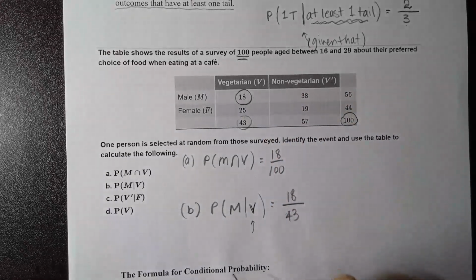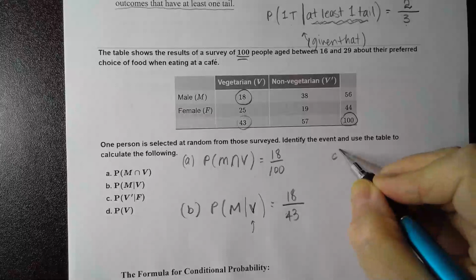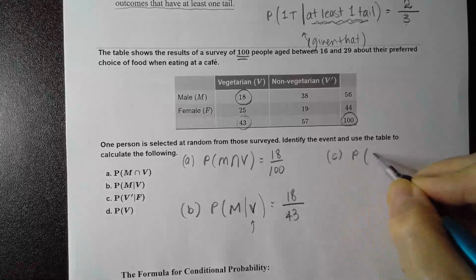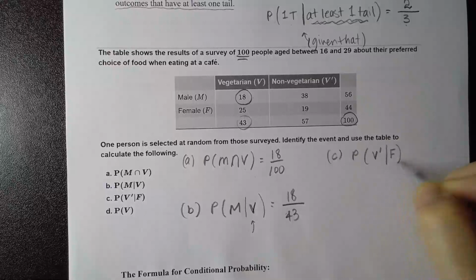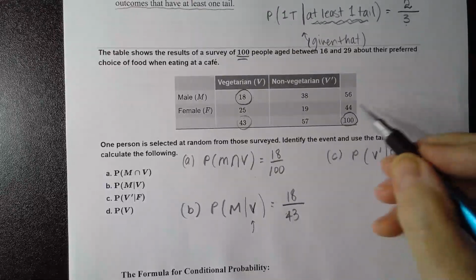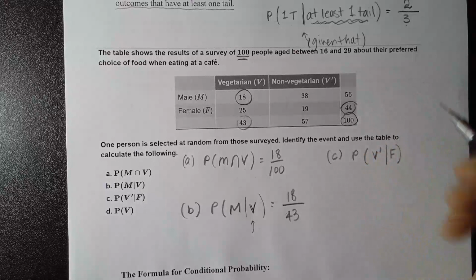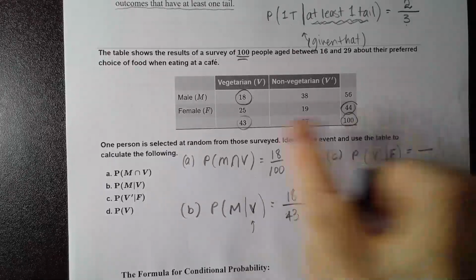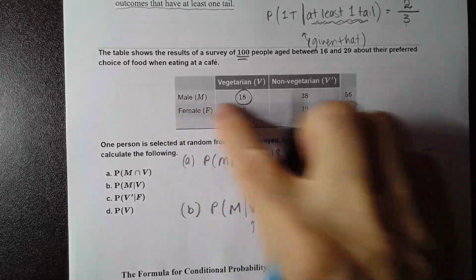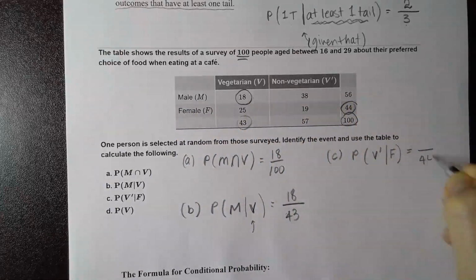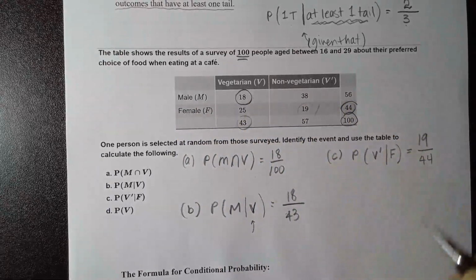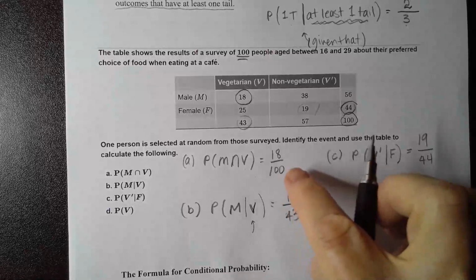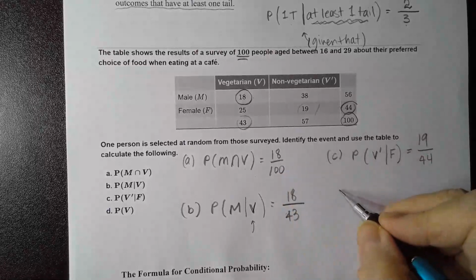And then C says, what's the probability of not vegetarian given that I pick females only? Well, the females are here. There's 44 of them. So I'm going this way this time. The total females is 44. And the ones that are not vegetarian are right here, 19 out of 44. I probably would reduce that, but I'm not going to worry about it right now.